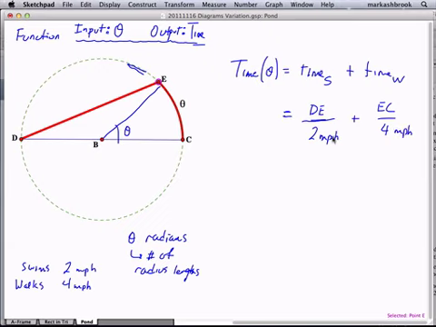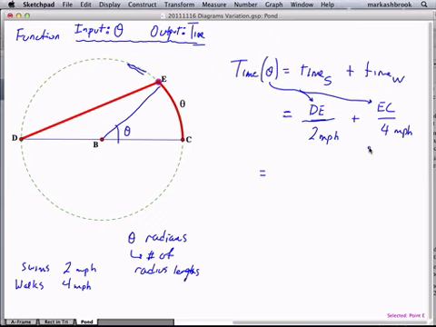So distance over rate for swimming, distance over rate for walking. So what do we need? We need both of these distances as expressions of theta. So if we can get DE in terms of theta, and we can get EC in terms of theta, then we've got our time function.